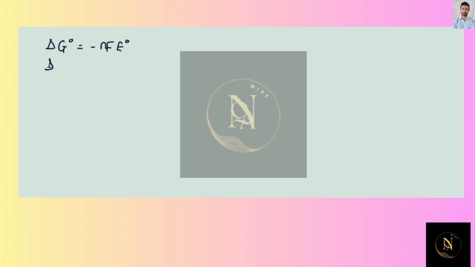So delta G will then be equal to minus 2 times Faraday's constant, 96485, multiplied by the E for the reaction, which is 0.06.